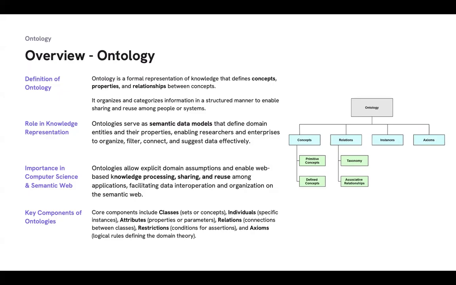So, representing all of this knowledge is what ontology seeks to achieve. Or when we are developing ontology, we are trying to create a formal representation of all this knowledge around the concept that we're looking at and the properties around them and the relationship. And why is this important? Because they serve as semantic data models. Semantic, to keep it simple, just refers to the meaning of a data.